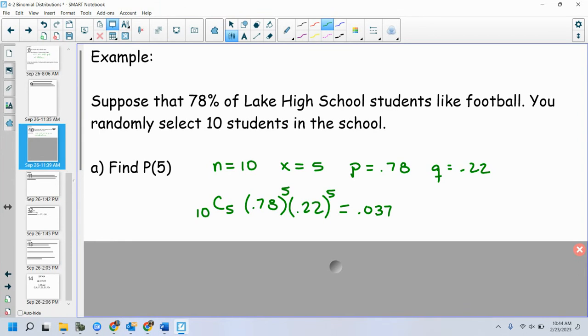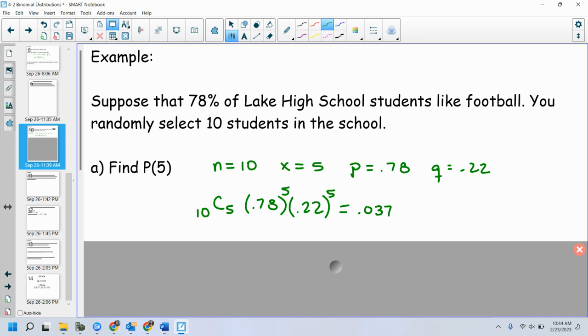Now, if I take all of these probabilities, if I had said, find the probability of 0, 1, 2, 3, 4, 5, 6, 7, 8, 9, and 10, what do you think they all add up to? 1, right?